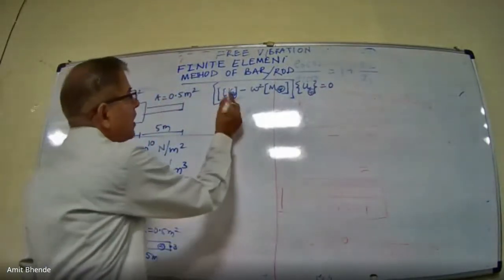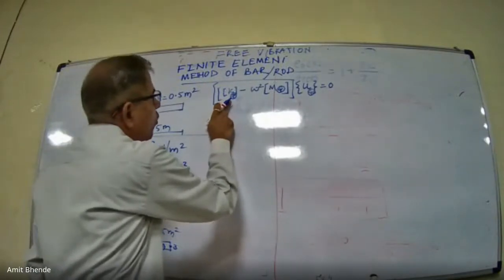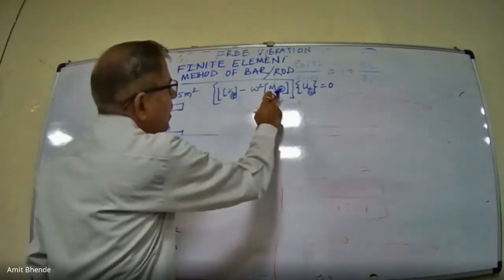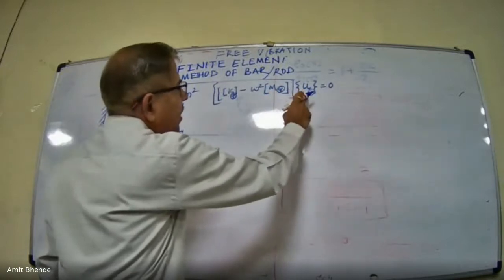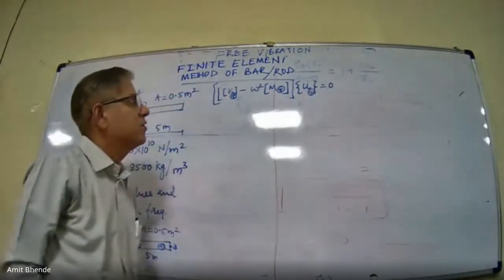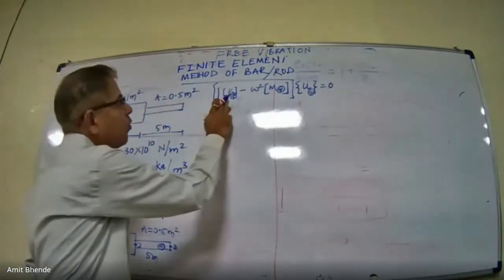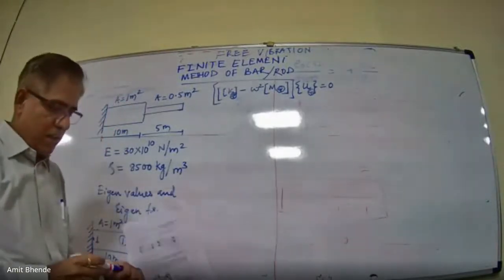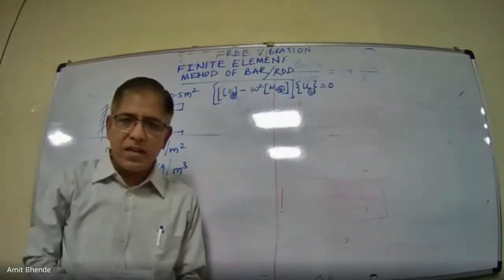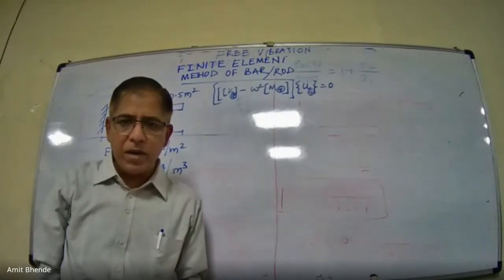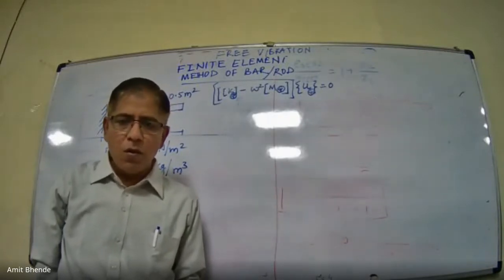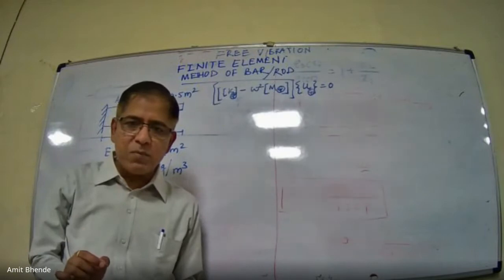So here there are three terms, that is global stiffness matrix, then global mass matrix, and global displacement matrix. So we find out the global stiffness matrix. Now we know that global stiffness matrix is addition of two element matrix. Okay? So first we calculate the element stiffness matrix.